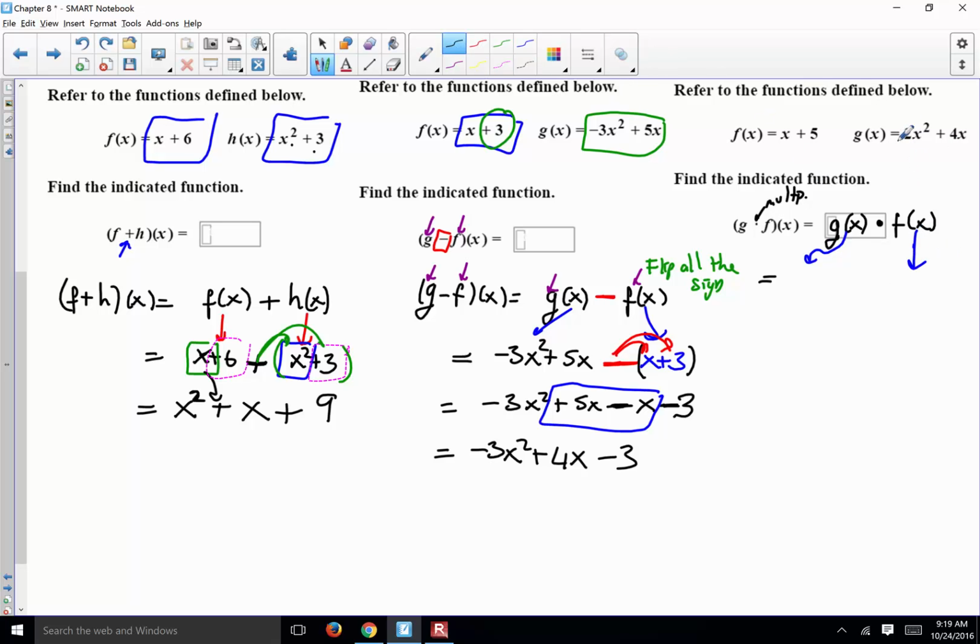What is g? 2x squared plus 4x. f is x plus 5. And, oh, I see a dot in between, so I will put a dot between only 4x and x. Is that right?